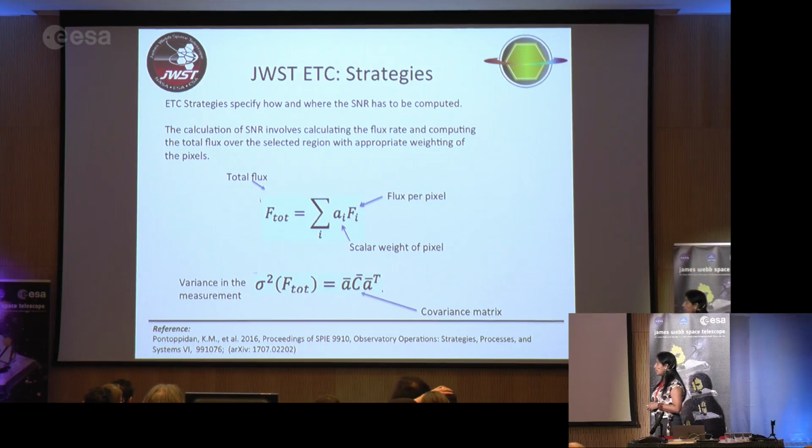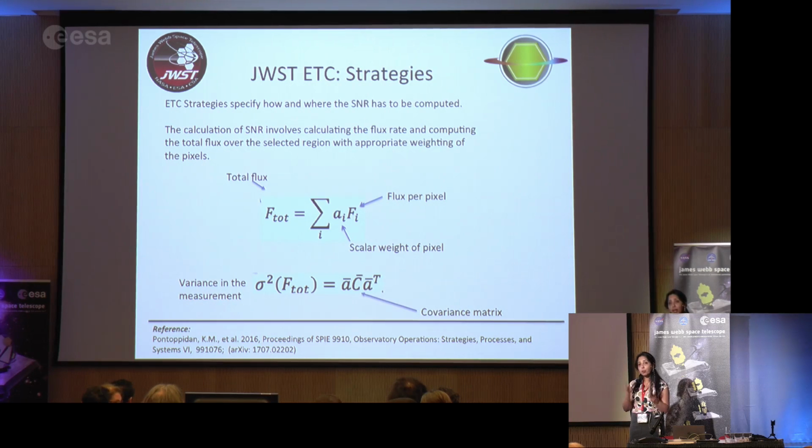Another thing that the ETC takes care of is what's defined under strategies. What you specify is how and where the signal to noise is calculated. The signal to noise is calculated by taking the flux per pixel and summing over all the pixels that fall into an aperture that you have defined, weighted by a scalar weight for each pixel, because not every pixel is the same within the aperture.